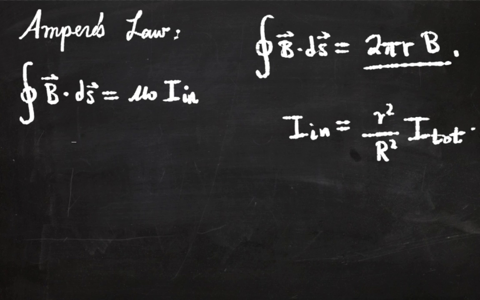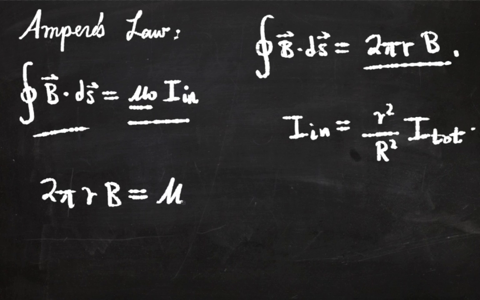We've now accounted for both sides of Ampere's law, and we can now equate these two expressions and solve for B. So 2 pi r B is equal to mu naught times I enclosed, which is r squared over capital R squared times the total current.